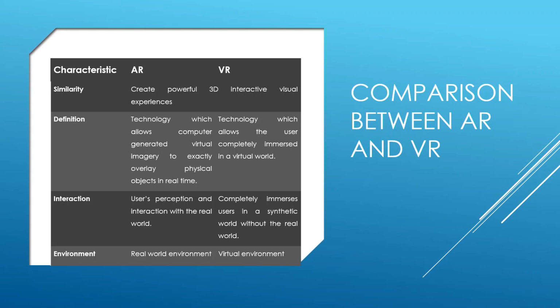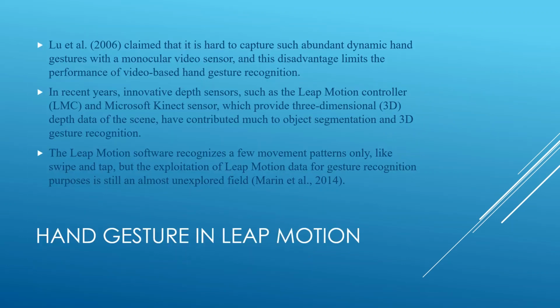For interaction, AR users perceive and interact with the real world, while VR completely immerses the user in a synthetic world without the real world. For environment, AR is a real-world environment, meanwhile VR is a virtual environment.